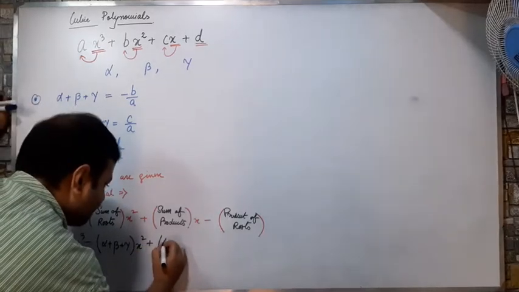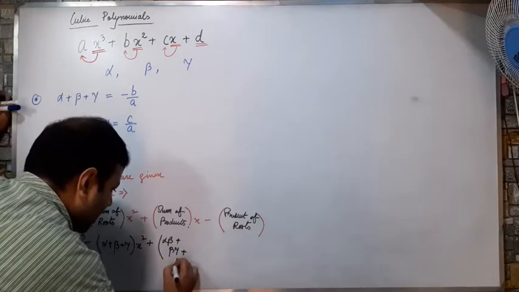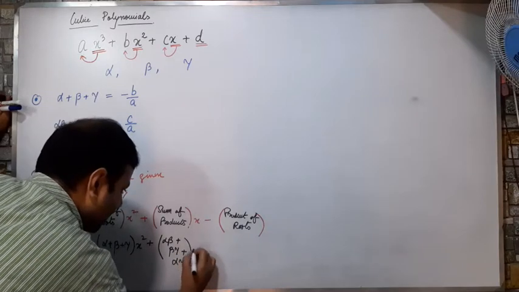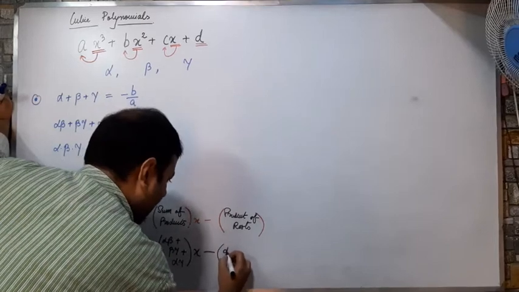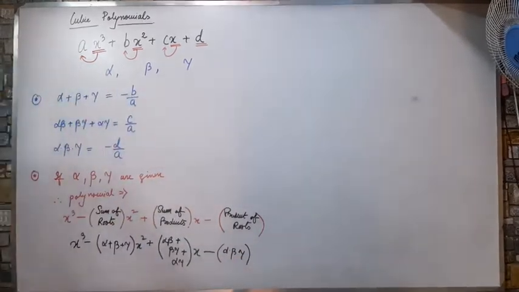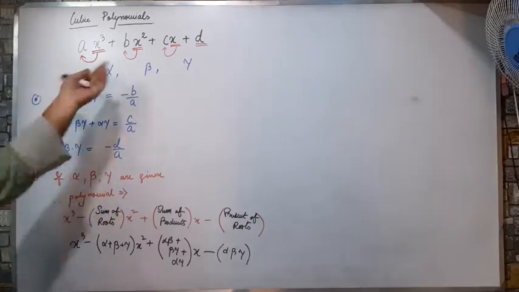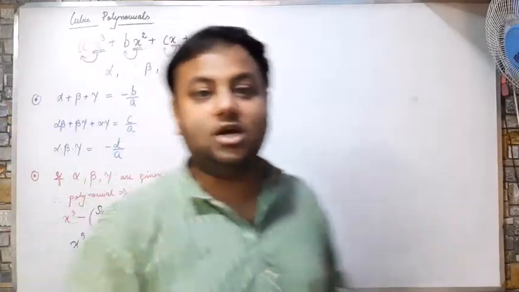That is alpha beta plus beta gamma plus alpha gamma, x minus product of roots, alpha into beta into gamma. So this is how we can form the polynomial if the roots are given. And here we can verify the roots for a given polynomial. But this kind of question is seldom given. They don't give such kind of questions.